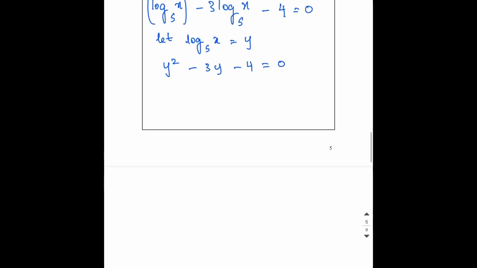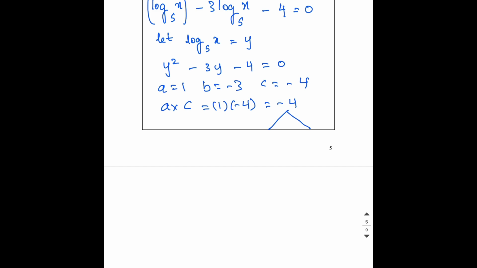So now here, this is a quadratic equation. Here my a is 1, my b is -3, and my c is -4. So a times c is 1 times -4, which is -4. Tell me two factors of -4 which would add up to give me -3.